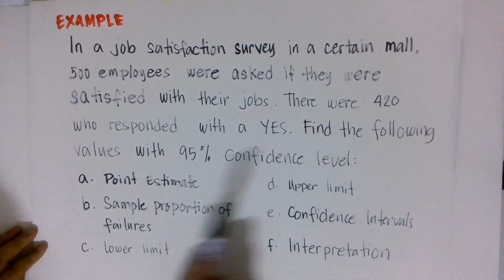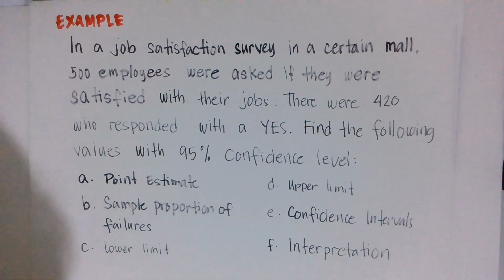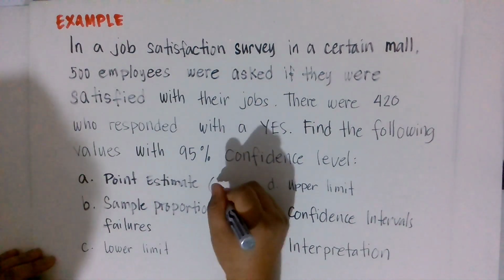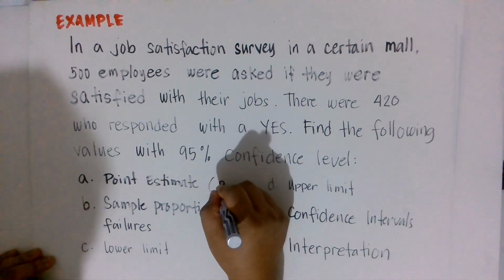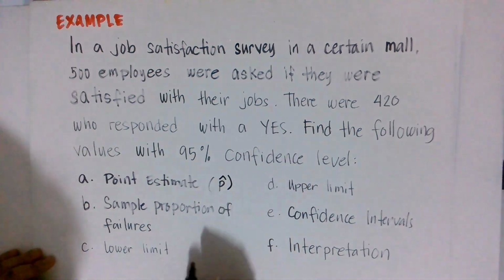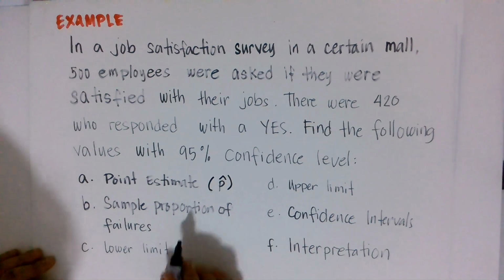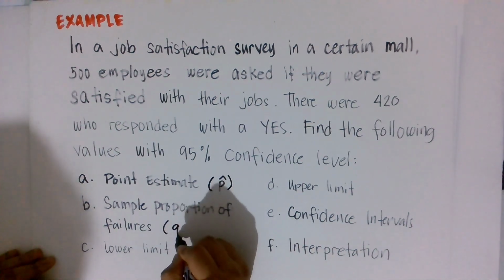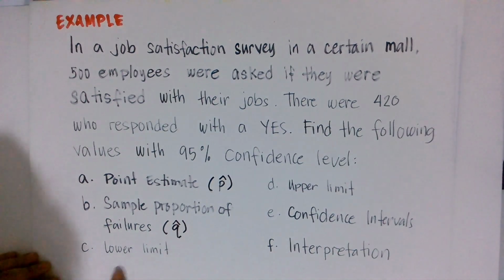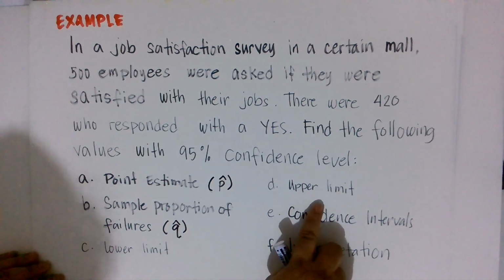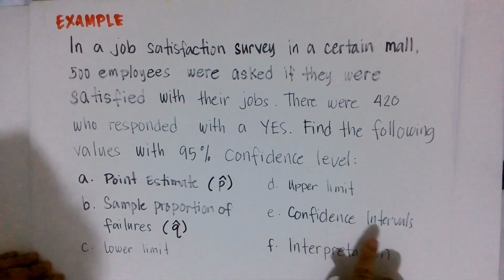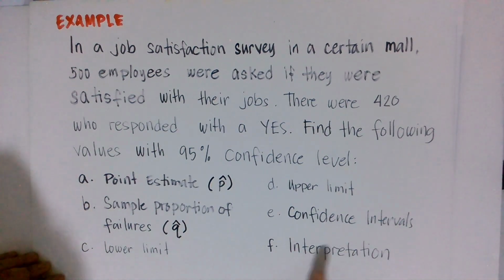So, ano ba yung mga hanapin natin? A, point estimate. Point estimate is actually the P hat. Okay? So, that's the value of P hat. Next is the sample proportion of failure, and that is our Q hat. Okay? And the lower limit, the upper limit, the confidence intervals, and finally, the interpretation.